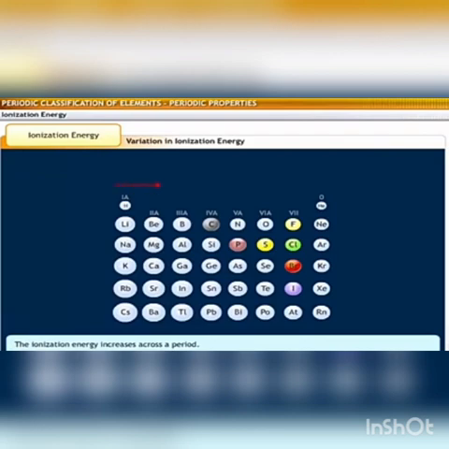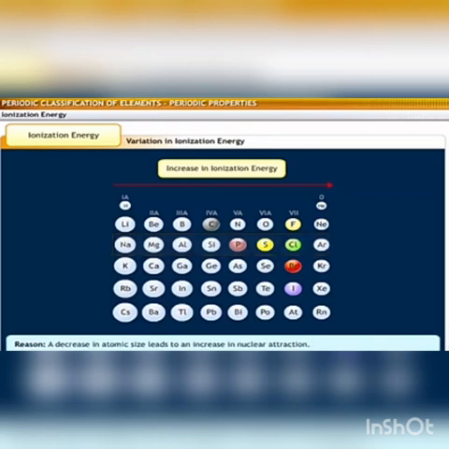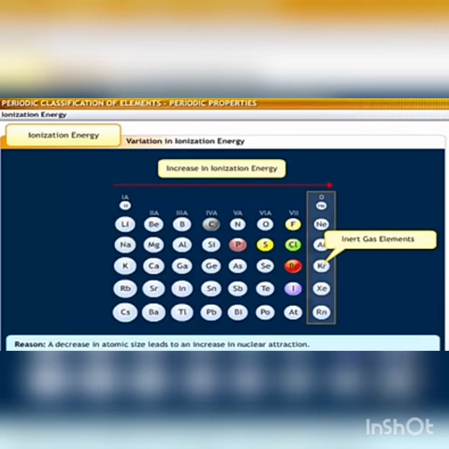Ionization energy increases as we move across a period from left to right. This is because the decrease in atomic size results in an increase in the nuclear attraction, thereby increasing the ionization energy. This is why inert gases possess the highest ionization energy.